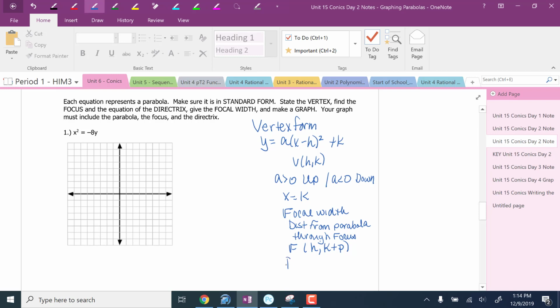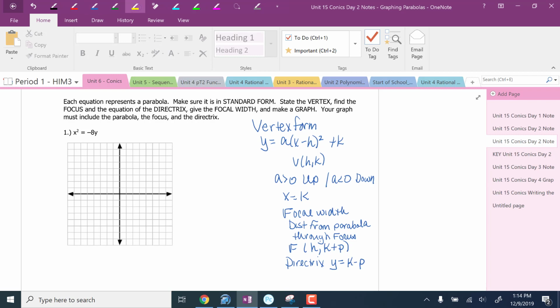And then we've got our other element here, the directrix. The vertex is in between, or the midpoint of the focus and the directrix. And here that's going to be the y-coordinate. The x-coordinate is going to be all of the x's because it's a horizontal line, and that's y equals k minus p.